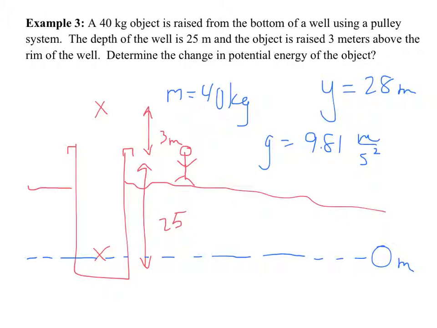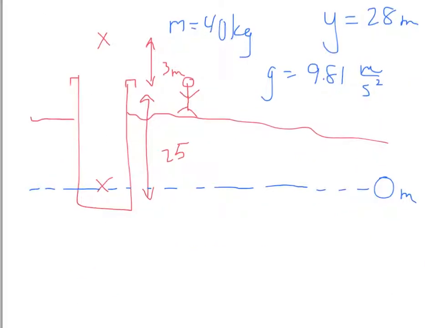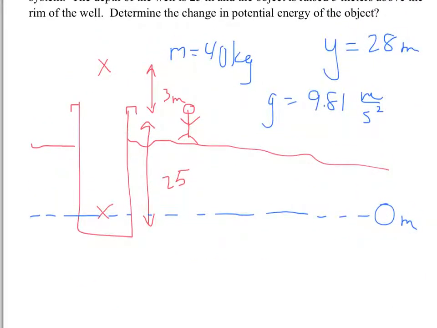So I go ahead and look at this problem and I say potential energy equals mgy. And just plug in. I called this earlier in the year a plug and chug. You're plugging in and just chugging through the problem, okay? More of a simple kind of problem to get you a little preview of potential energy.